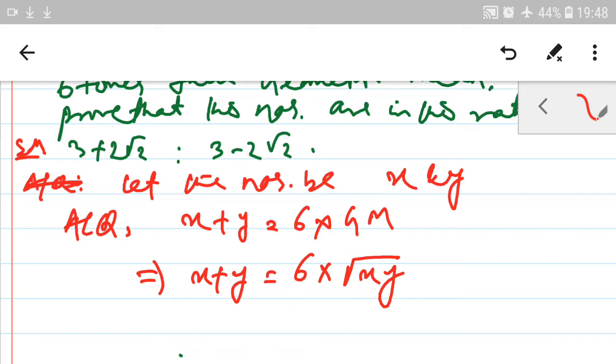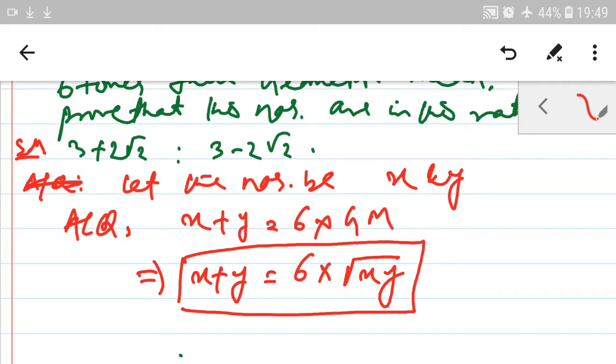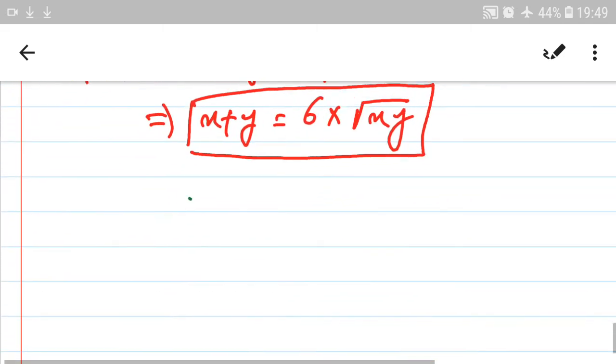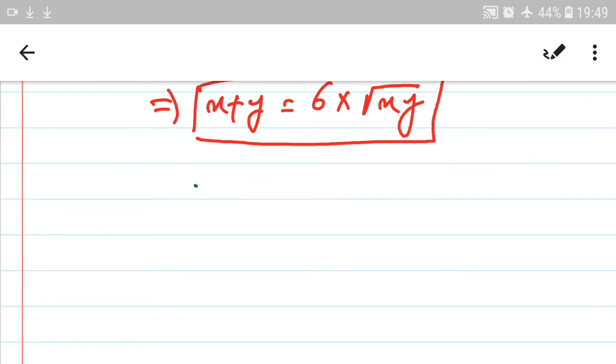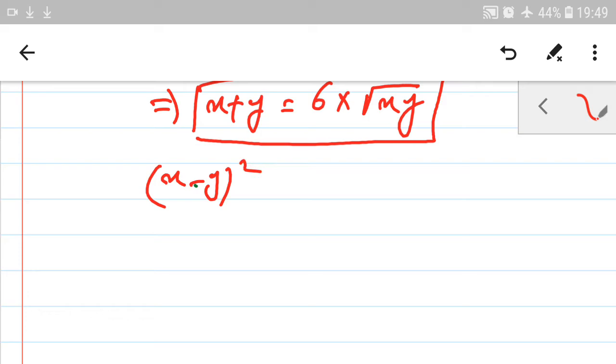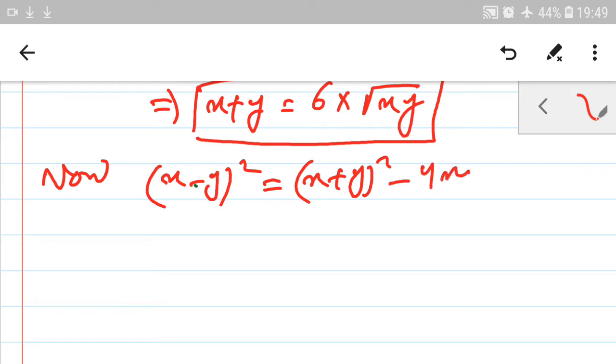Now our job is, whenever we have x plus y, we should always try to get x minus y. For that I have a formula. The formula goes like this: x minus y whole square, I repeat, x minus y whole square, is equal to x plus y whole square minus 4xy.